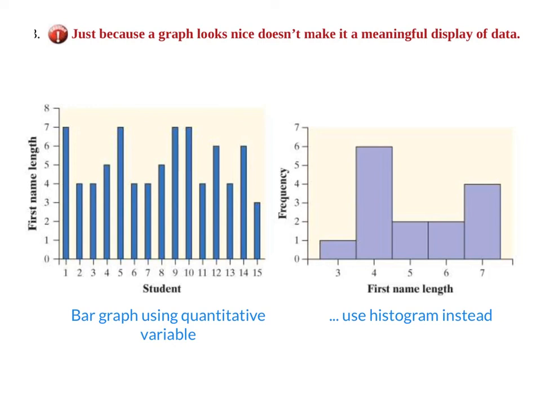So let's fix it by using a histogram, and then on our x-axis here we have first name length, so from 0 to 3, 3 to 4, 4 to 5, etc. So that is the number of letters in their first name, and then the frequency, so how many students have that name length or that number of letters in their name. This one we can deduce a lot more information from, while this one, again, like I said, not bad, just not the most useful.